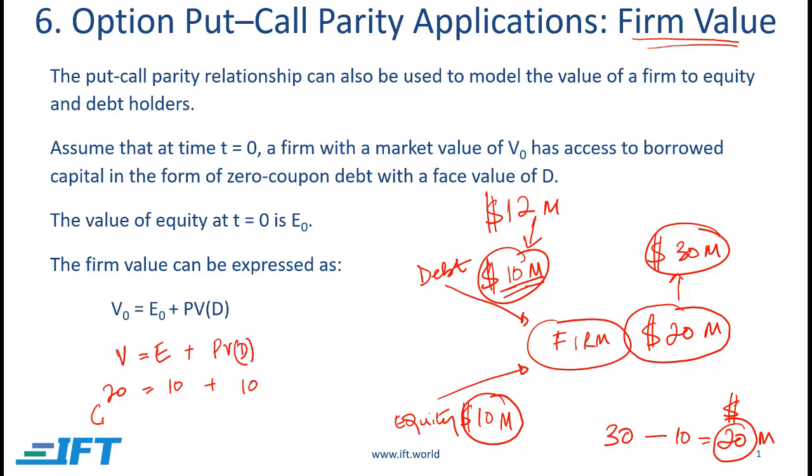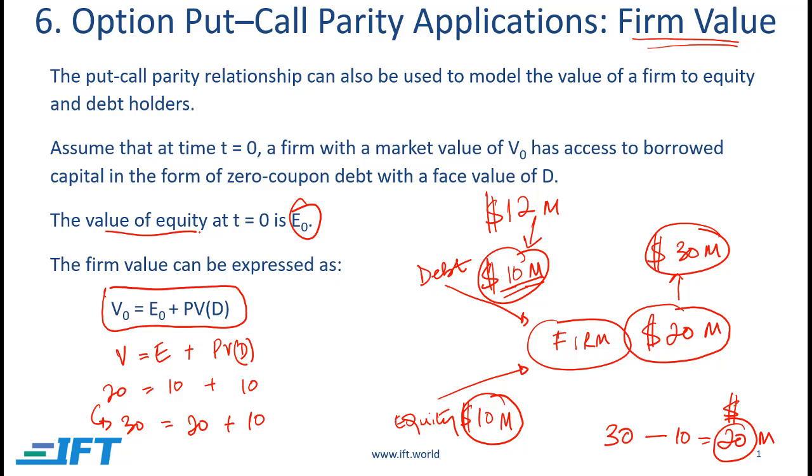But then the company went up to 30, which means if the loan stays at 10, your equity goes up to 20. So this is the first relationship that we need to digest in this equation: the value of a firm is equal to its value of equity plus the present value of its debt.